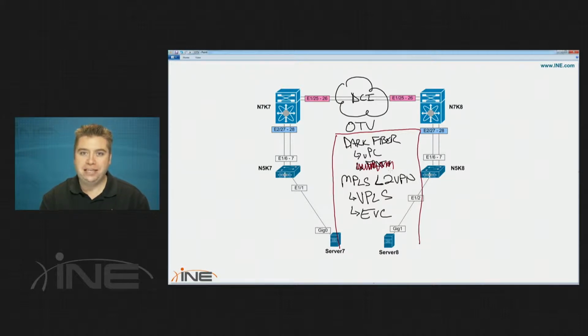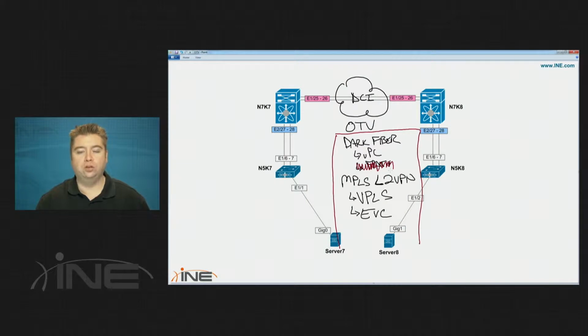In the case of OTV, this is optimized by advertising in the routing control plane with ISIS the route to the other MAC addresses in the other data center, so it means that we don't have to do unknown forwarding. So we will always know about our own local MAC addresses based on regular flooding rules, and we'll know about the remote data center MAC addresses based on an ISIS advertisement.